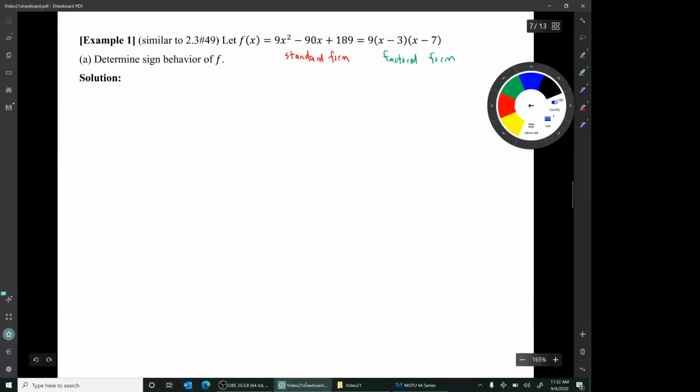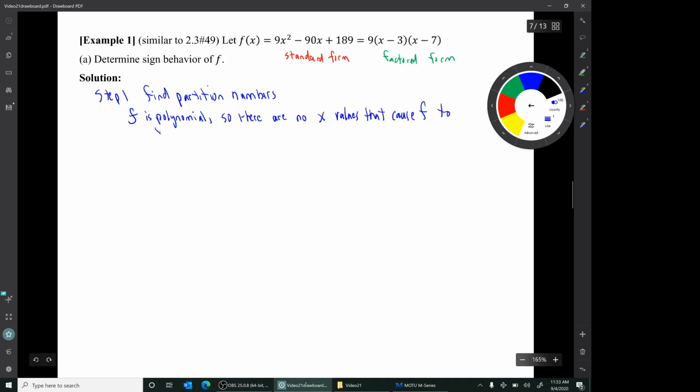So step 1, find partition numbers. We observe that f is a polynomial, so there are no x values that cause f to be discontinuous. So what we need to do is solve the equation f of x equals 0 to find x values that cause f to be 0.